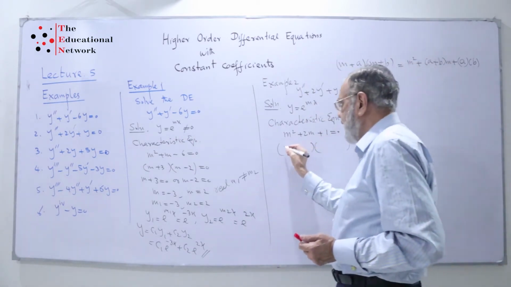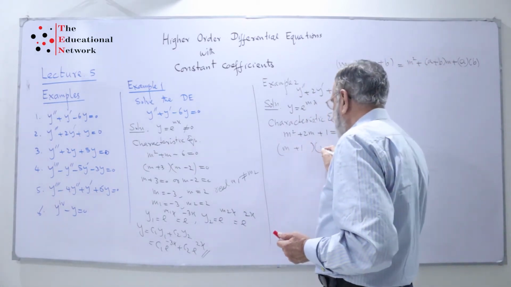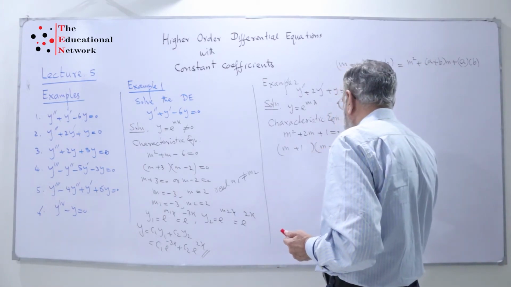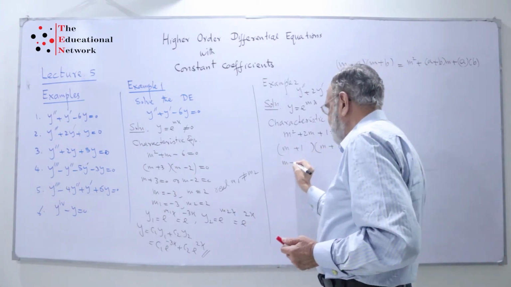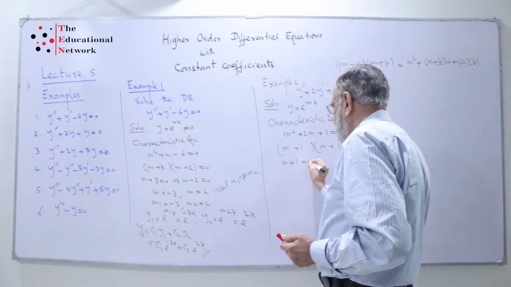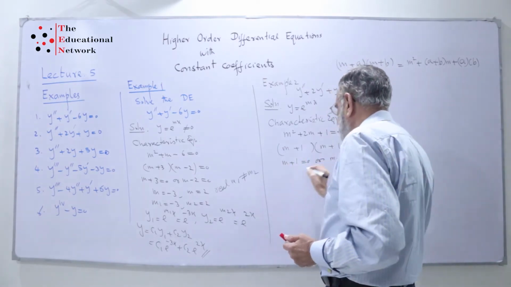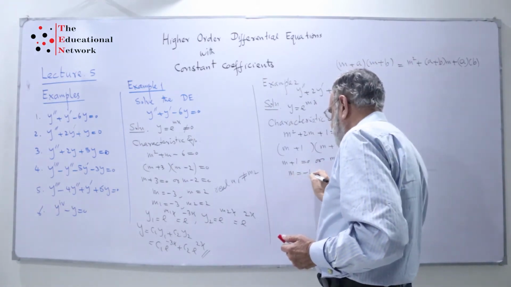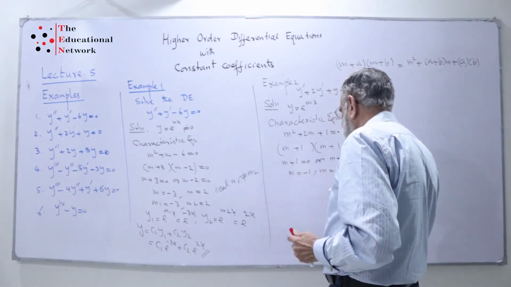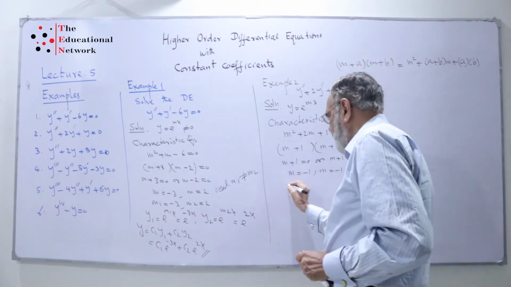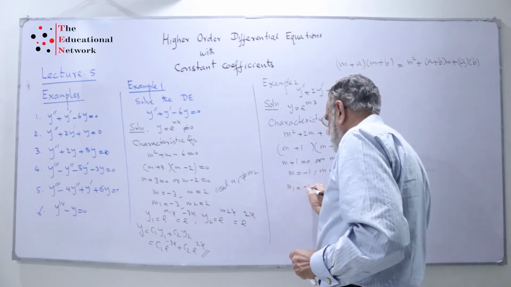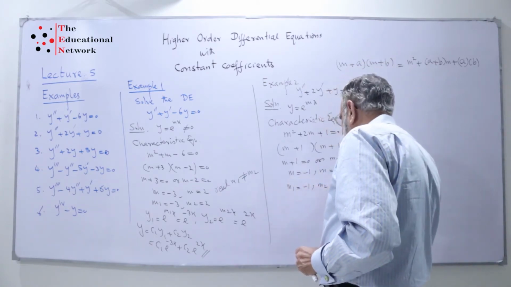So we get m plus 1 equal to 0, and again m plus 1 equal to 0. So we get two values, m equal to minus 1 and m equal to minus 1. So we have the roots m1 is equal to minus 1, m2 is equal to minus 1.